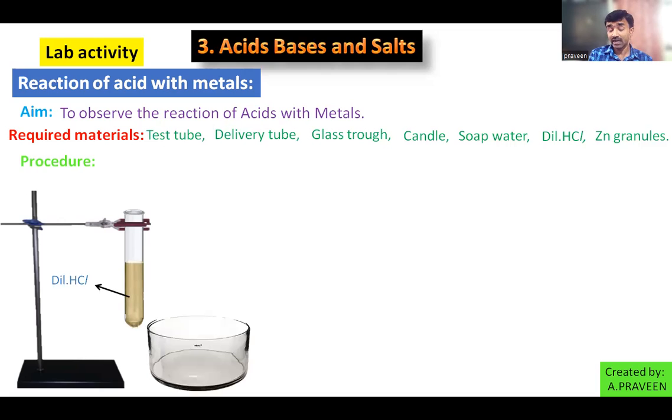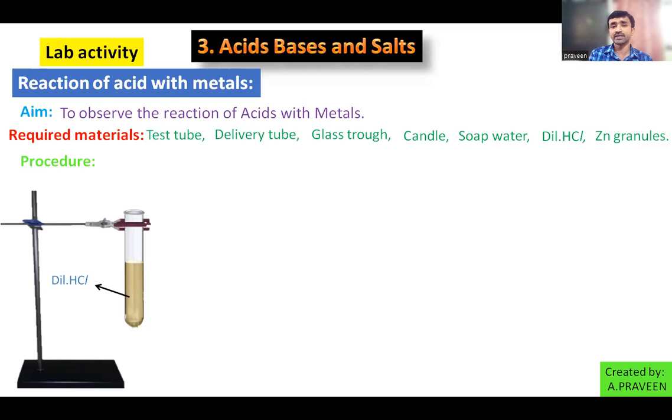Before that, I need to set up, because sometimes the reaction takes place immediately, since zinc is highly reactive. So immediately the reaction may take place. Before that, after filling HCl into the test tube, you need to arrange the other required materials.